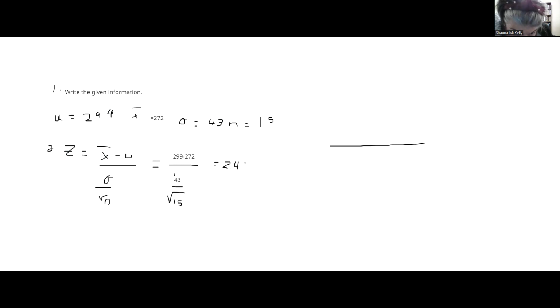Now, the reason that I suggest that you do that is so that when you plot your curve, which remember she has to see your curve, this is going to be your X bar, which is $272.